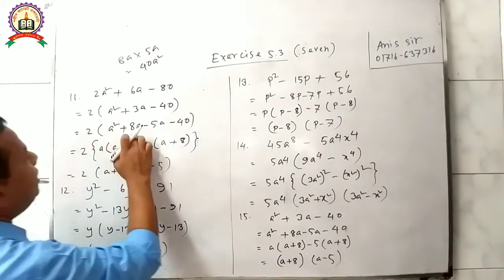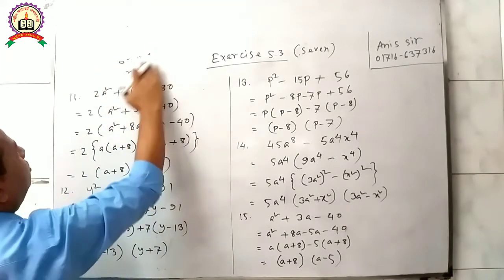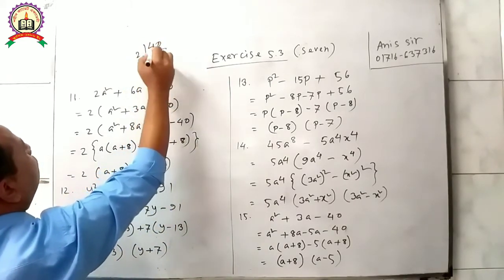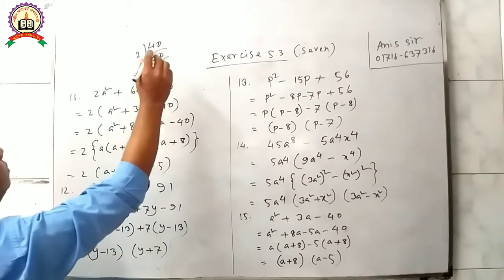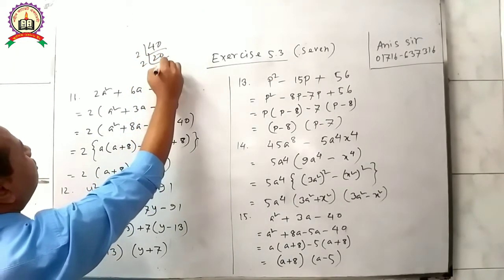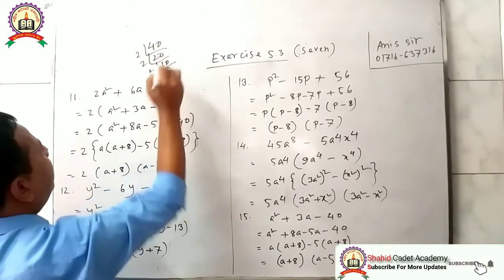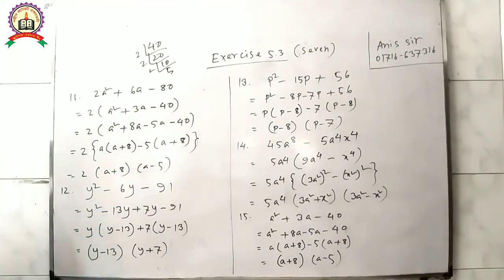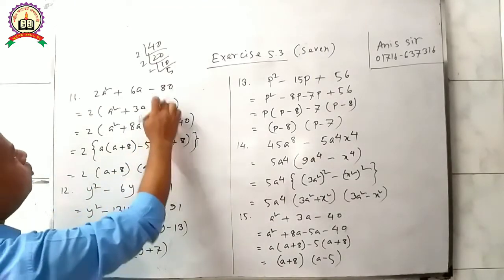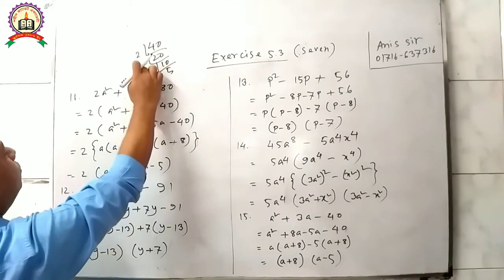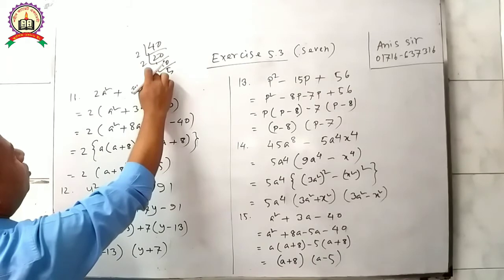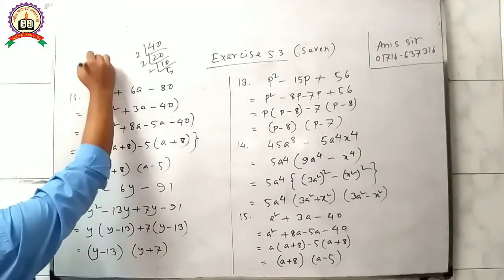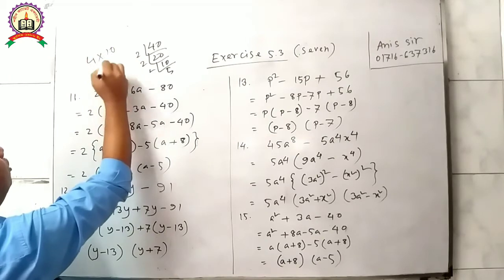How can we find these numbers? Here 40: 40 is 2 times 20, 20 is 2 times 10, and 10 is 2 times 5. How can we get 40 by multiplying two numbers? 2 and 2 make 4, and 2 and 5 make 10, so 4 into 10 equal to 40.